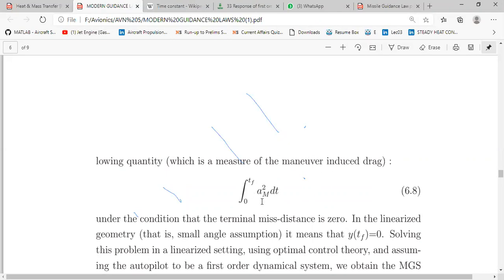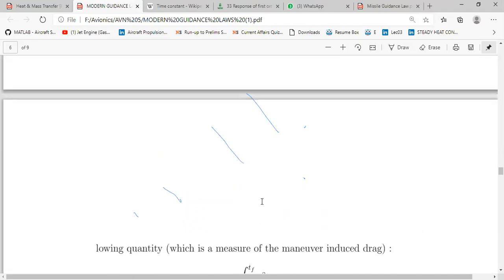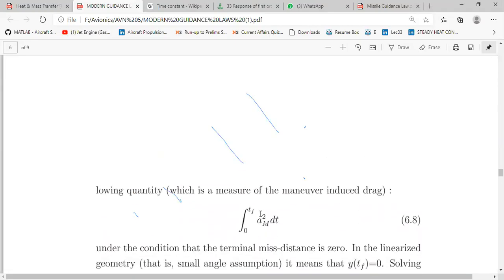So this is one condition for designing your MGS, modern guidance scheme, that your overall lateral command will be minimum from 0 to TF.